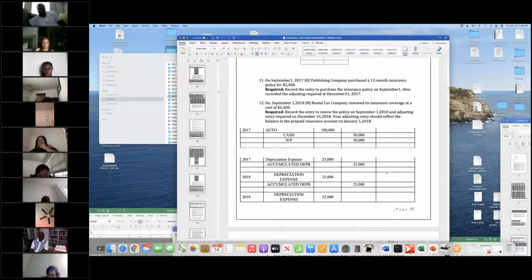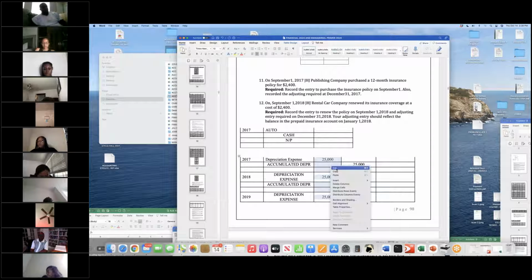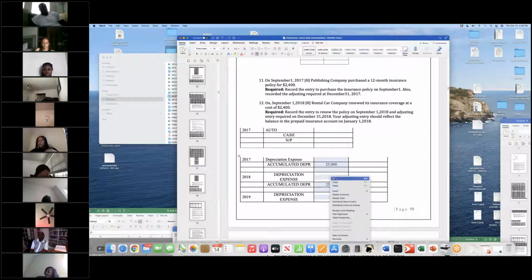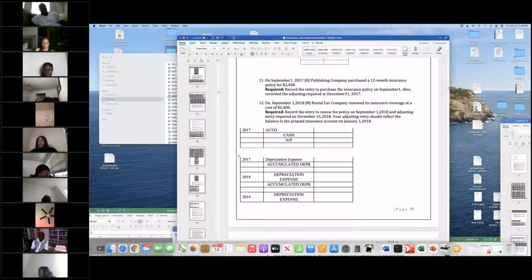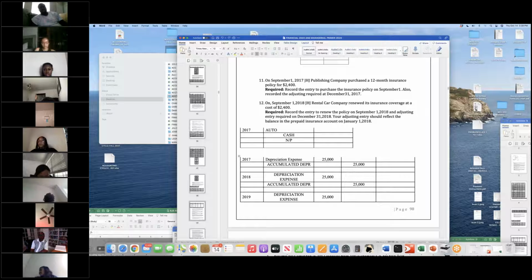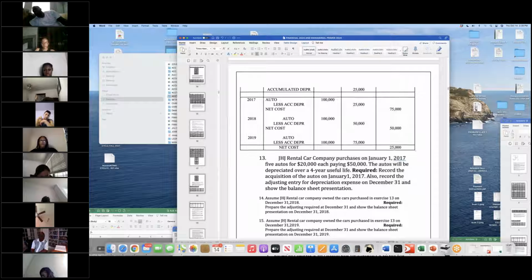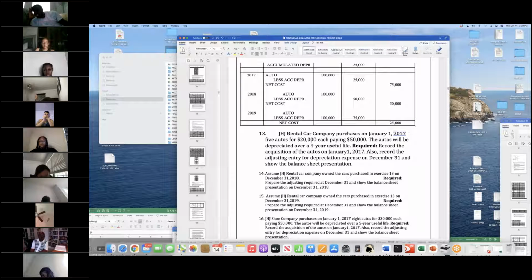Let's move on to depreciable assets. And it says, assume you bought on January 1st 5 autos for $20,000 each, paying $50,000 down.